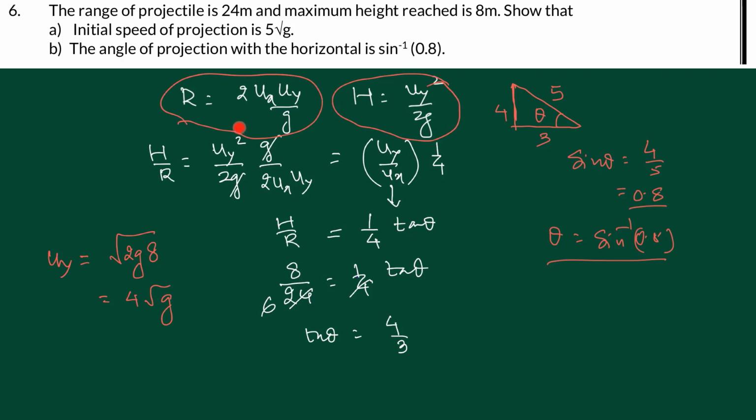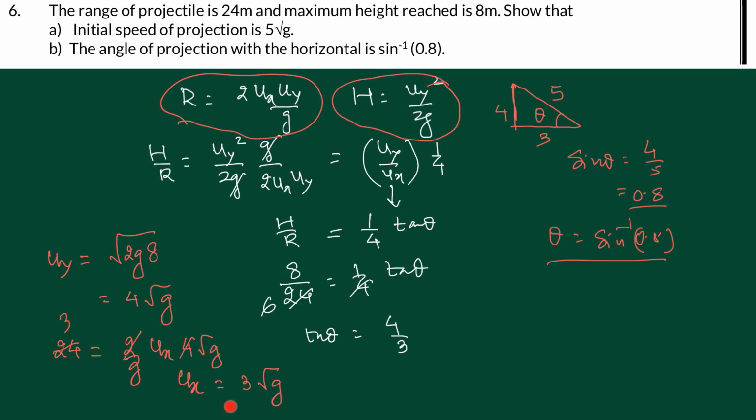R is 24. 24 is equal to 2 by g into ux. We have to find ux, and uy is 4 root g. So how much is ux equal to? Simplify this. It is equal to 3 root g or not?